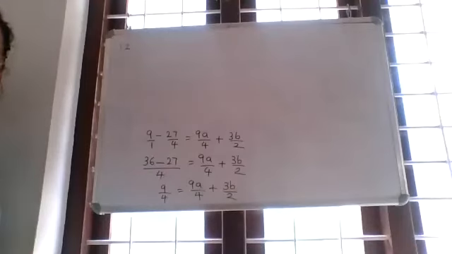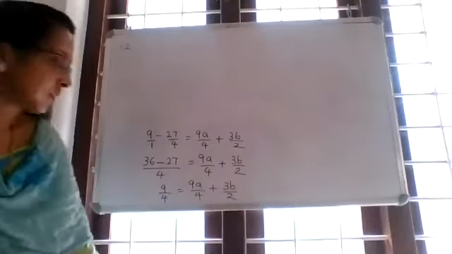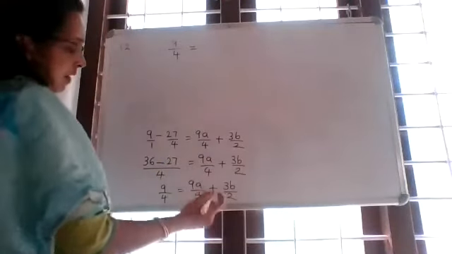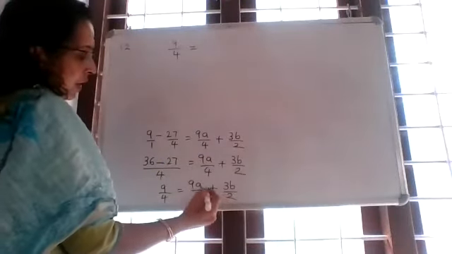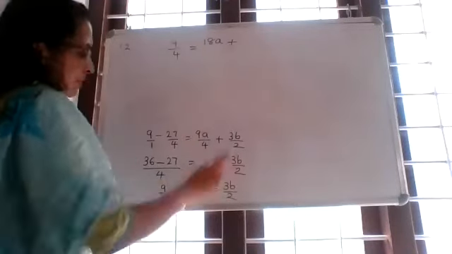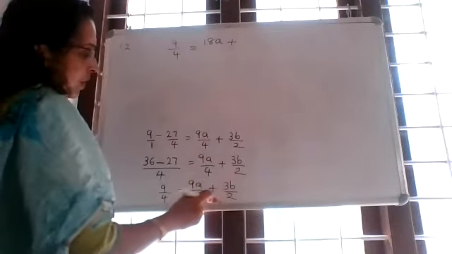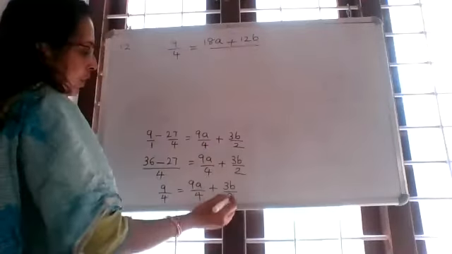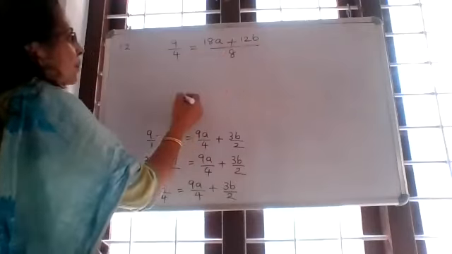Then next, what we want to do? So 9 by 4 is equal to, then LCM: 9a into 2, 9 2s are 18a, plus 4 3s are 12b, divided by 4 into 2 is 8.